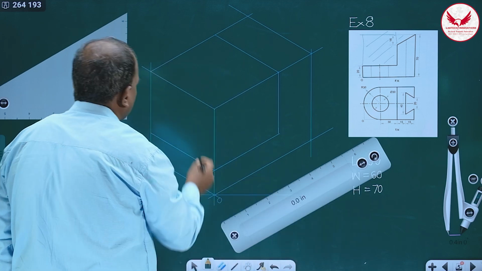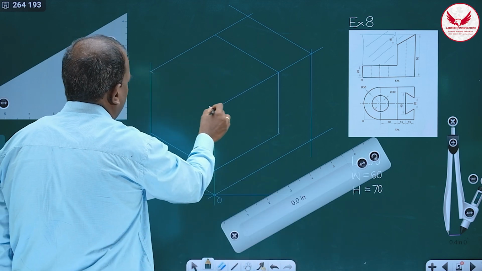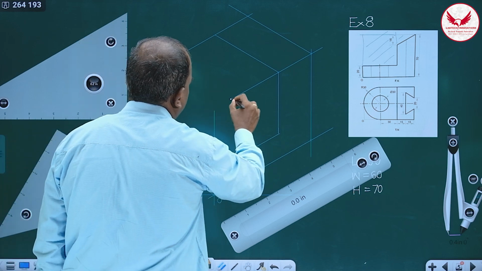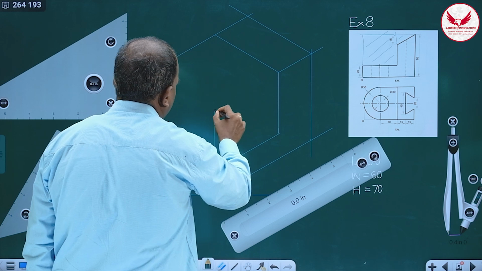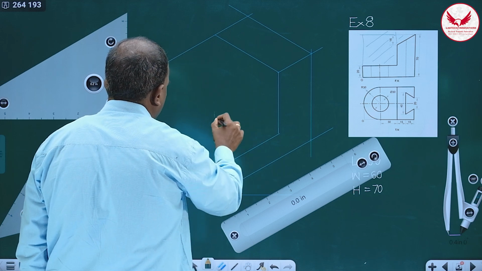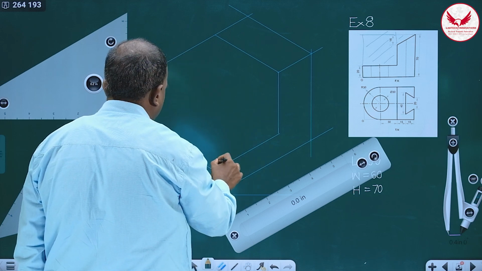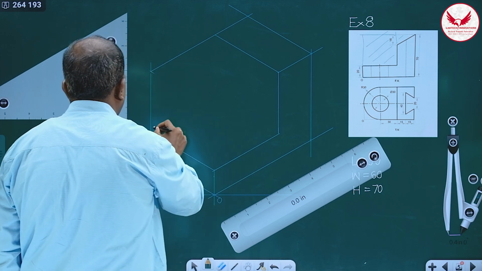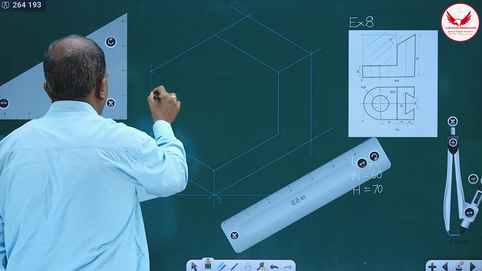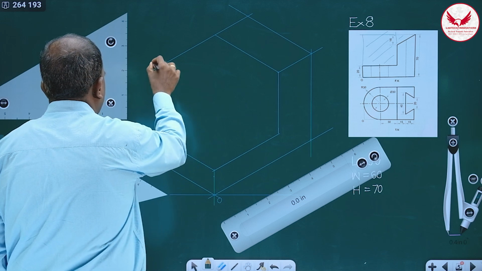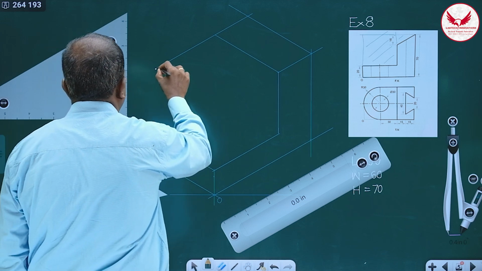Observe neatly. So these 5 lines I am removing. So it's a rectangular cut. With the help of an eraser, you can easily remove this. And if you follow this technique while drawing the isometric view, you can draw these isometric views very fast.